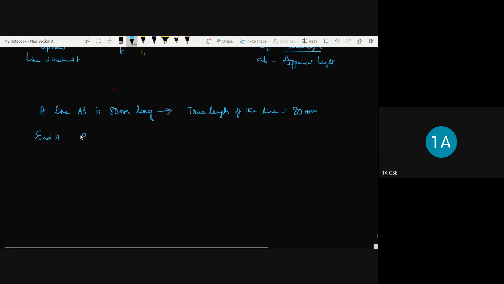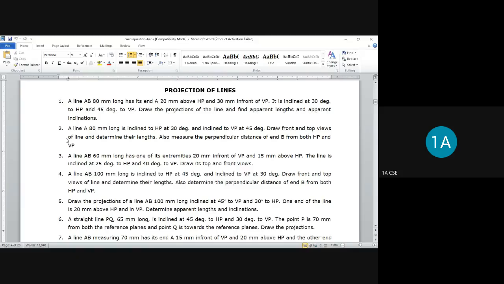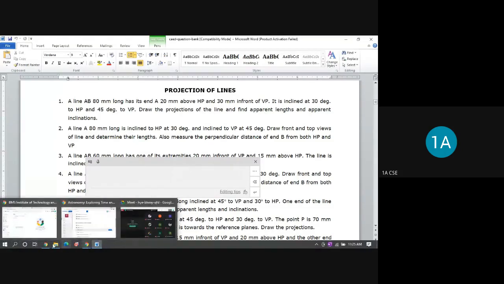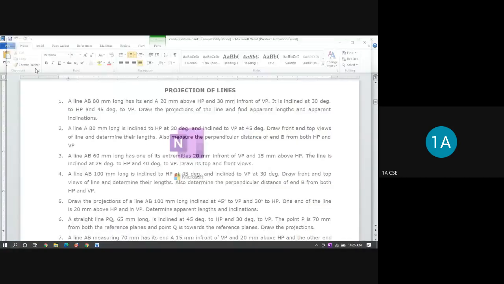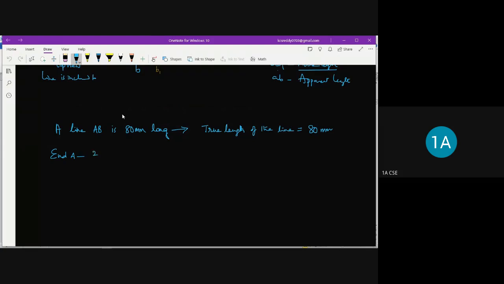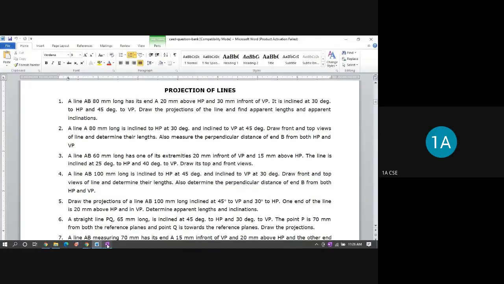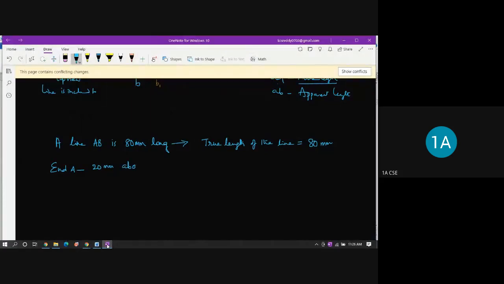So what is given in this? The position of A is given. So this is the position of A.